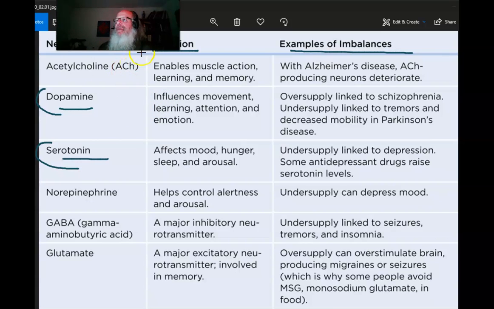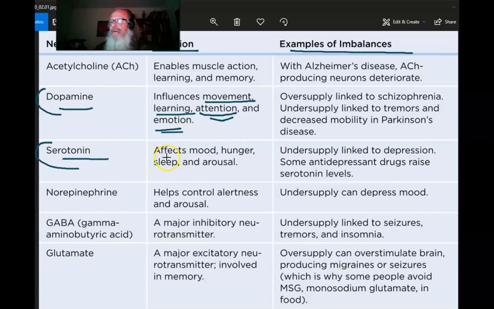So for dopamine, our functions are movement, learning, which sometimes includes movement but doesn't always when we're talking about explicit memory, attention, which I again encourage you to think of as huge, and emotion, how we feel about things.